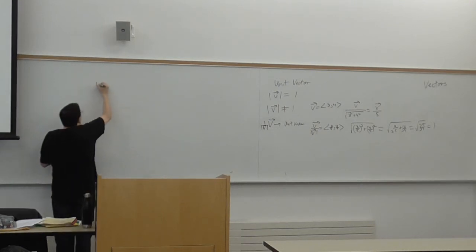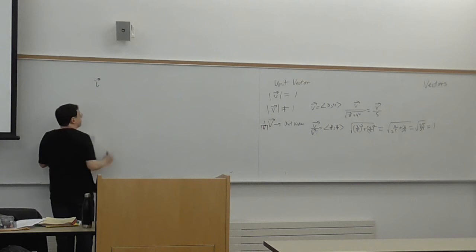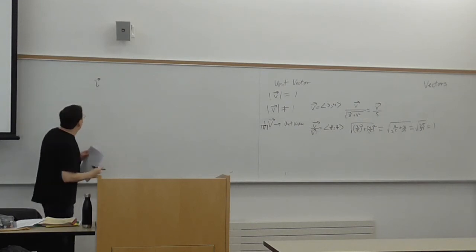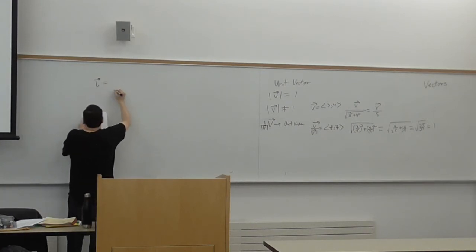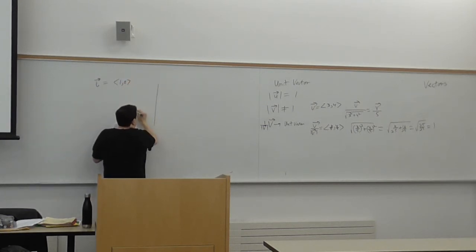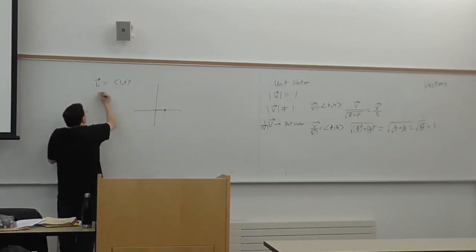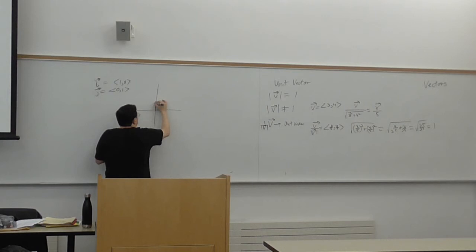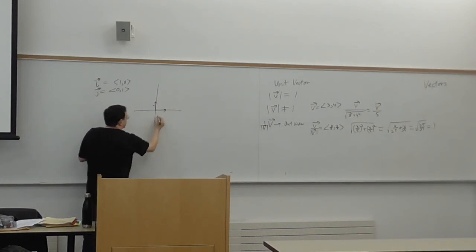One of the vectors we call i. It has nothing to do with complex numbers. You just have to know that. i is the vector (1, 0). That is, it's just length 1 in the x direction. And j is the vector (0, 1). That's just length 1 in the y direction.